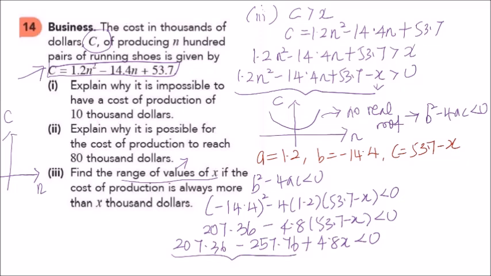Due to the lack of space, I'm just going to simplify it. You get a negative 50.4.